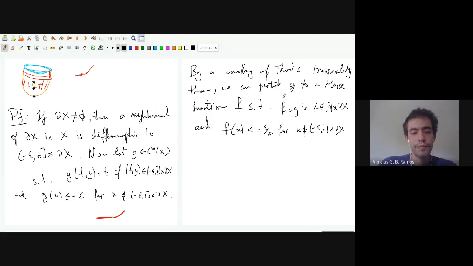And it's equal to minus epsilon over here. So we can make it as close to minus epsilon as we want outside, in this color, and we can always get it like this. Okay, so that's this proposition.